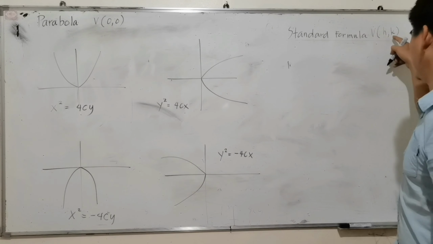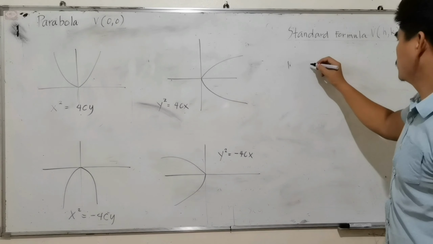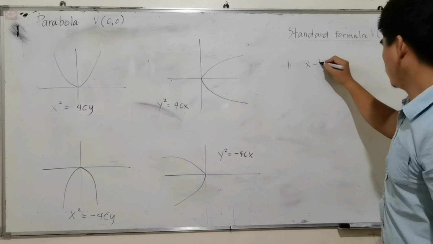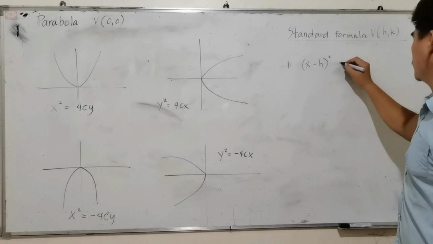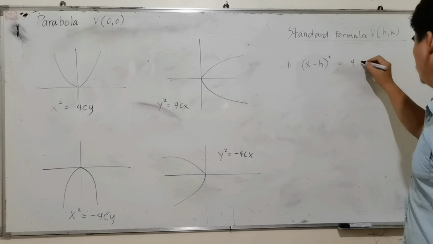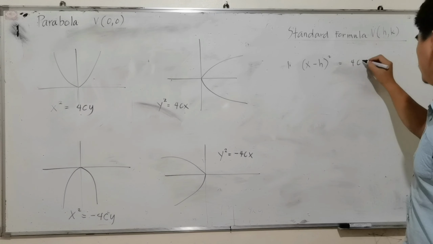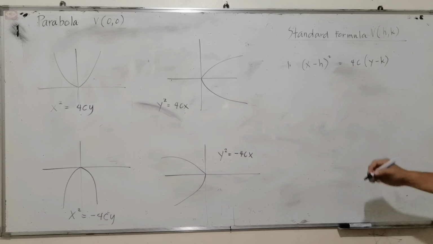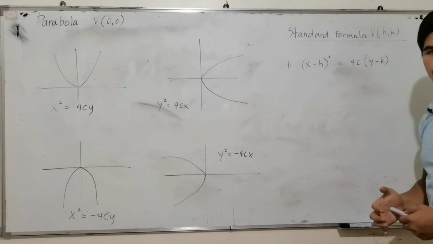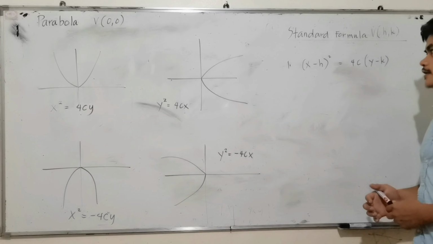If (h, k), that becomes (x minus h) squared equals 4c times (y minus k).